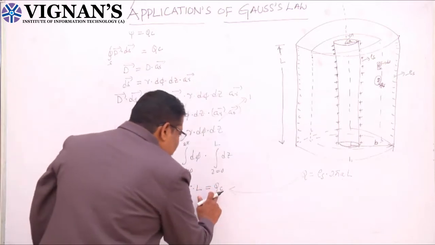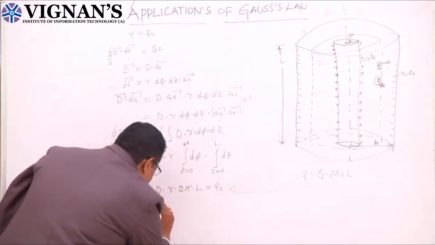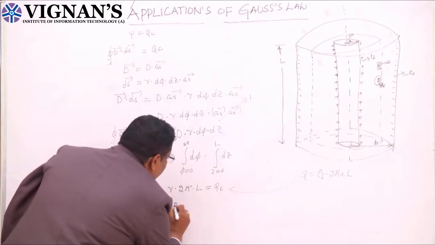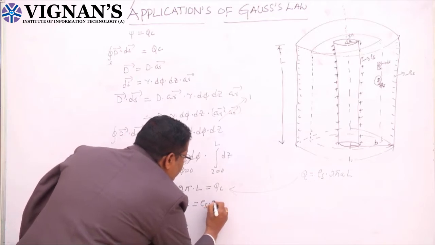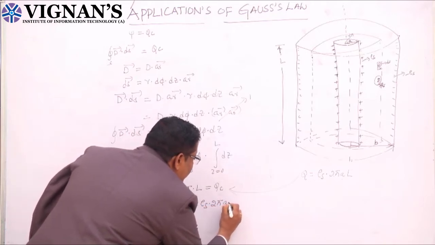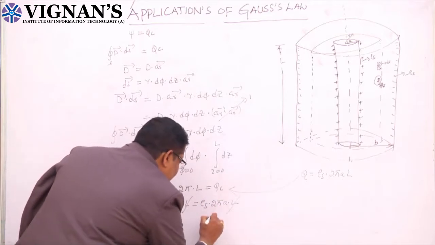Now in place of the charge enclosed by the Gaussian surface, substitute this: D into r into 2 pi L equals rho s into 2 pi A into L. L gets cancelled, 2 pi gets cancelled.